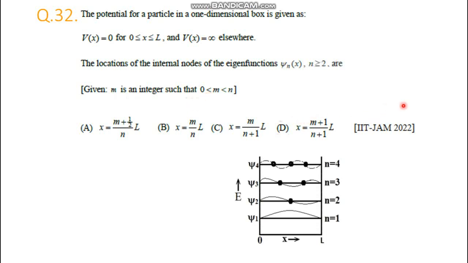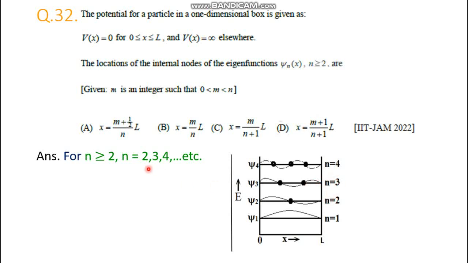So let's find out. This is the expression of energy as a function of x, and these are the number of nodes. This was the picture, but in place of a we have written capital L. So for n greater than or equal to 2, that means we have to start from here. This is n equals 2, and here n is greater than 2.